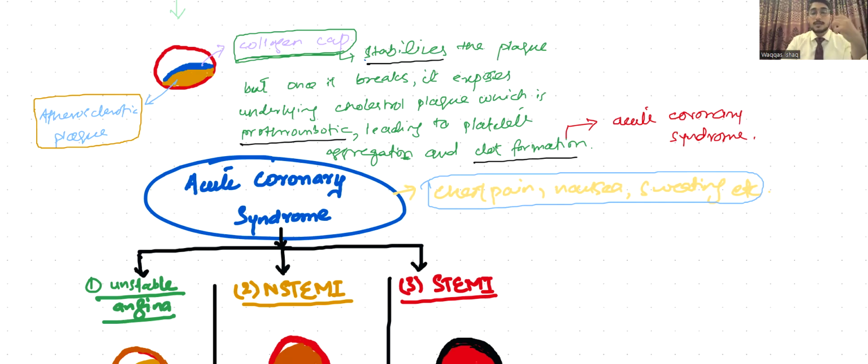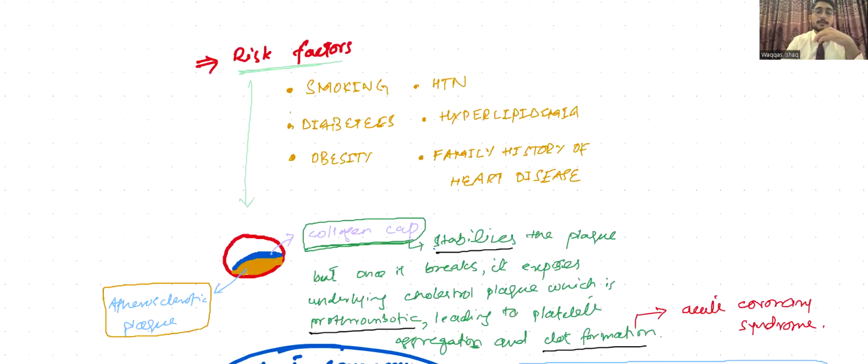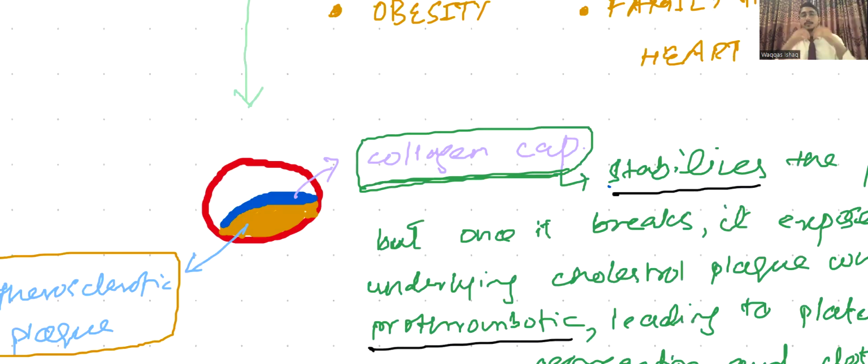So, what's happening on the histological level that's causing acute coronary syndrome? These risk factors cause buildup of atherosclerotic plaque, and we have a collagen cap that's stabilizing it and keeping the plaque in check from expanding. But all of a sudden, this collagen cap breaks off.